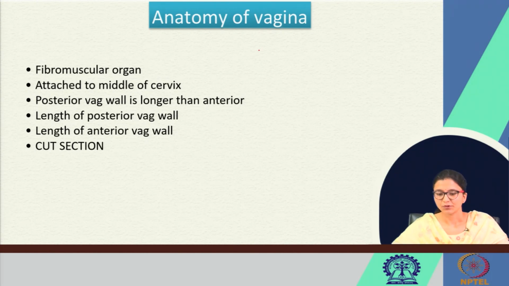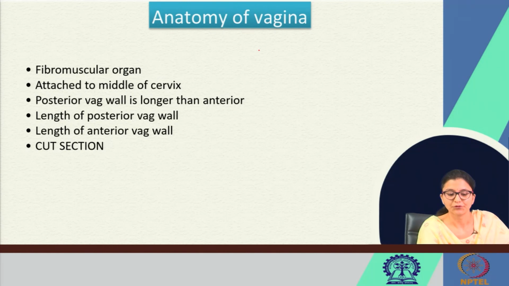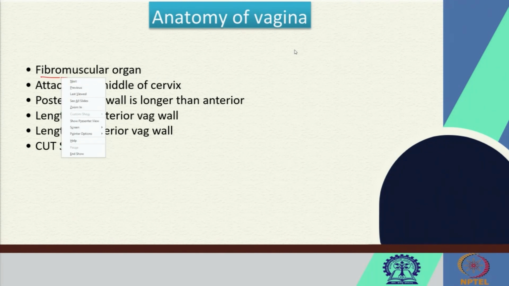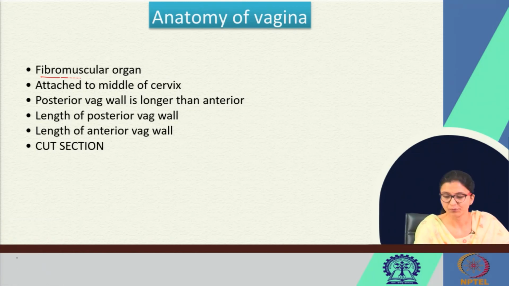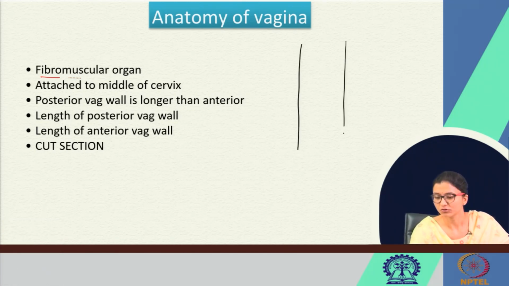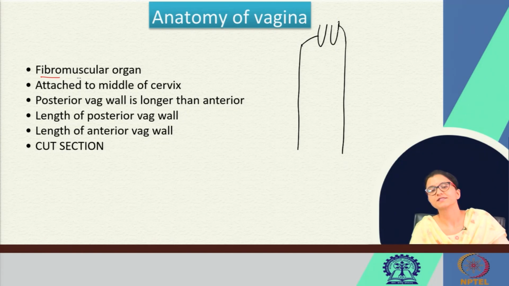So, what is vagina? Vagina is a fibromuscular hollow cylinder, and it is attached to the middle of the cervix. The posterior wall, this is anterior, this is posterior.